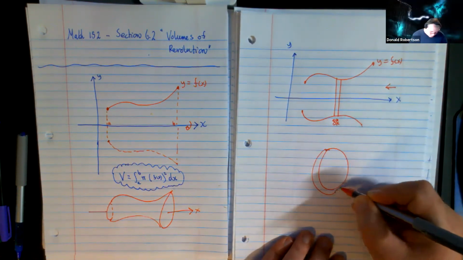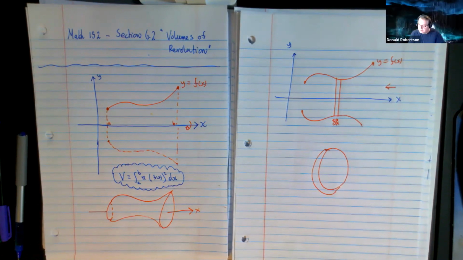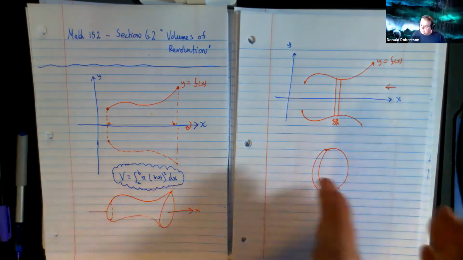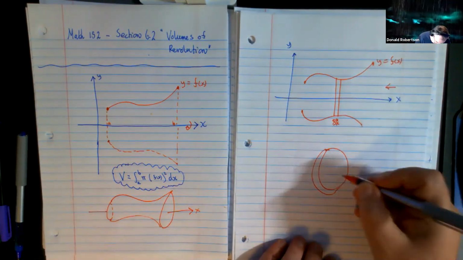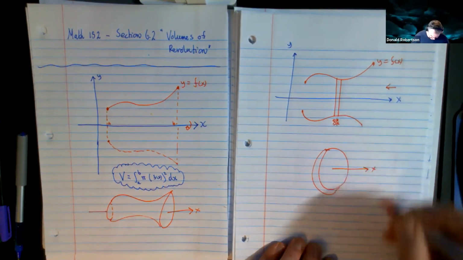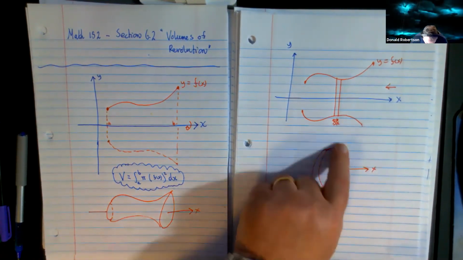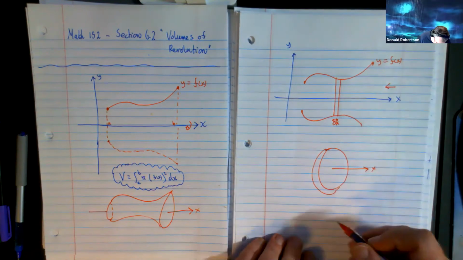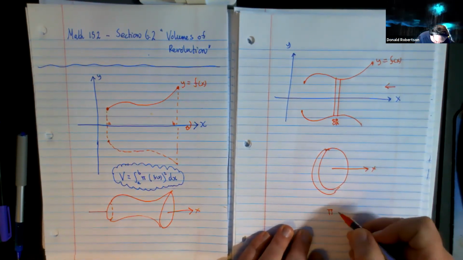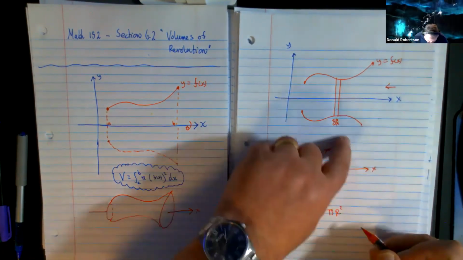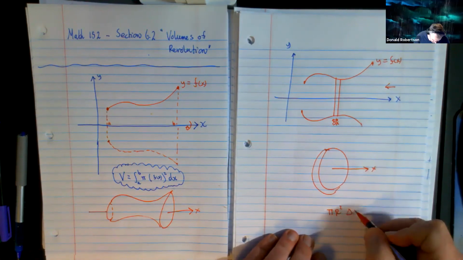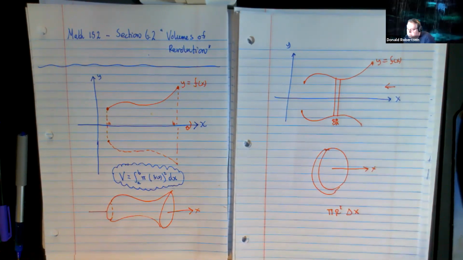I wish I was an artist. Wouldn't it be a disc? Like a coaster, called a disc. And the x-axis would pop out the center. Now, what's the volume of this disc? Well, it's pi times the radius squared, that's the circle part, times delta x.